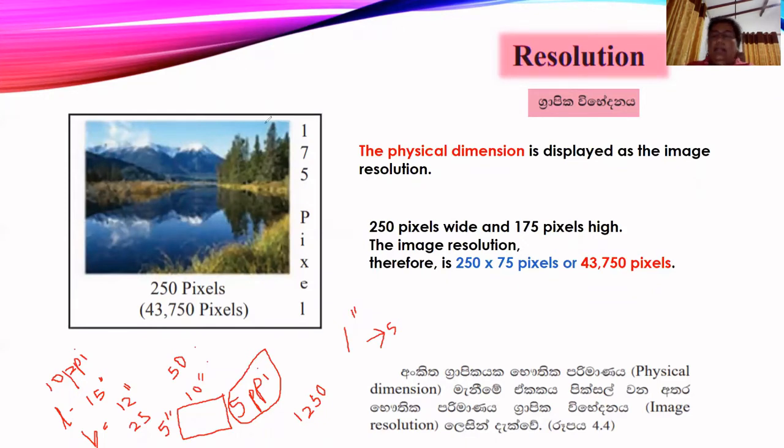Okay, then you can connect with me after 3 minutes. So find the resolution of this image. You can see the 10 ppi, then length 15 inches, breadth is 12 inches. Then after 2 minutes, you can connect with me, right?